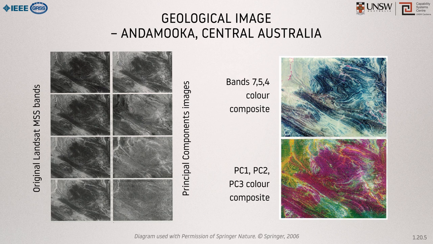The second column of images on the left are the four principal components generated from the original bands. The colour composite formed from the principal components, shown on the bottom right-hand side of the slide, allows features and regions to be seen that can't be discerned easily on the original colour composite and is thus of particular value in region delineation in geology.